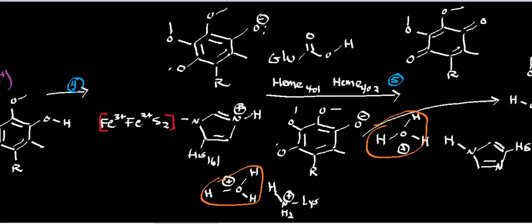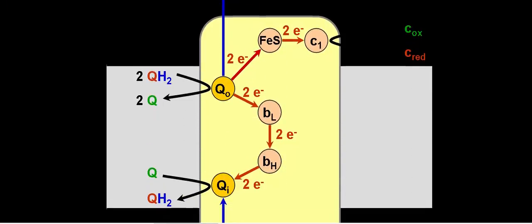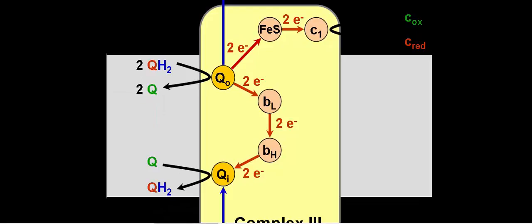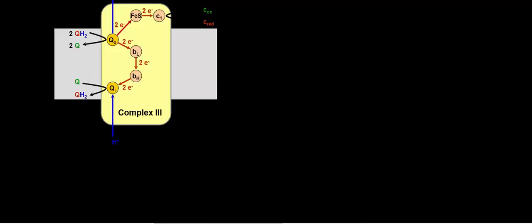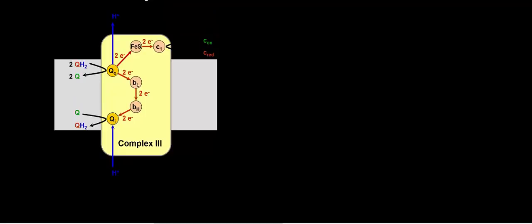Okay, now here's what I want to show you. I want to show you this really good picture, let me zoom out a little bit. I found this picture essentially on Wikipedia, so just to give them credit for this. Okay, so notice here you have this Q sub 0 subunit and this Q sub I subunit. The Q sub 0 subunit is essentially what is picking up the protons ultimately from the ubiquinol.